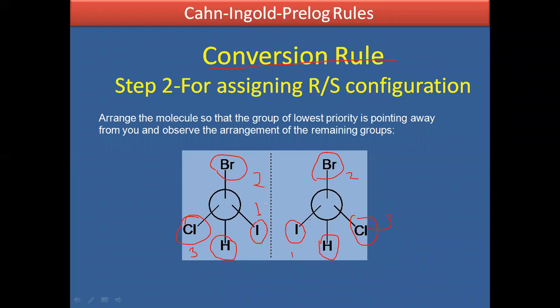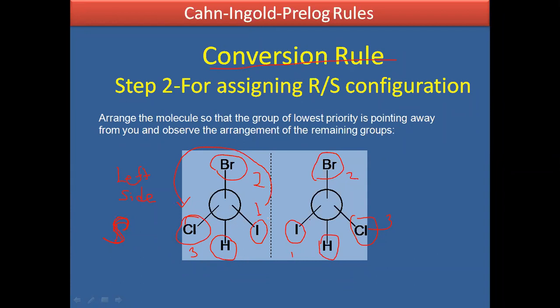Here your eye movement from 1 to 2, 2 to 3 is in the left side or anti-clockwise direction, then the configuration is designated as S configuration.